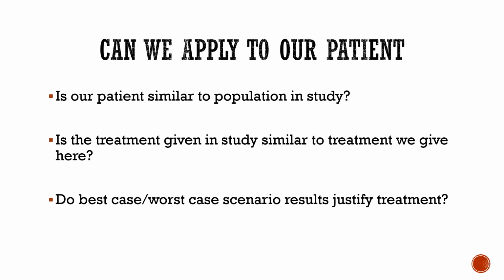Again, there might be an issue with one element, and that doesn't make it a bad article or bad evidence, but the researchers need to explain why. They can't just say it was randomized and not explain how randomization was done. That should get you thinking that there's something flawed with this research, and maybe you don't want to base your decision on this.